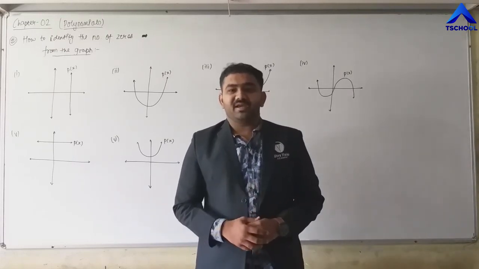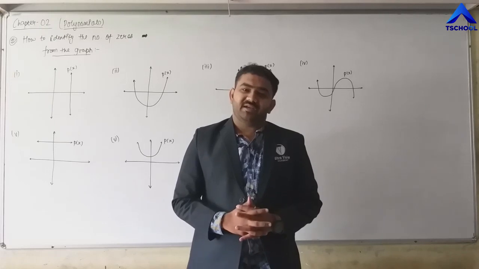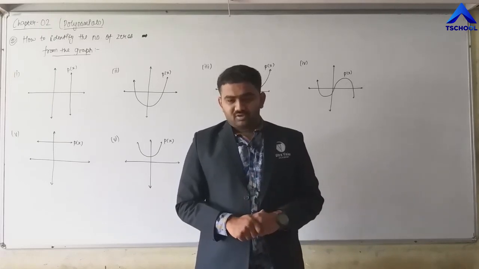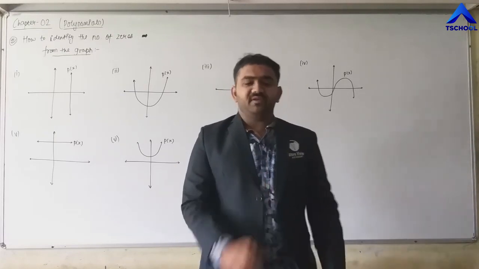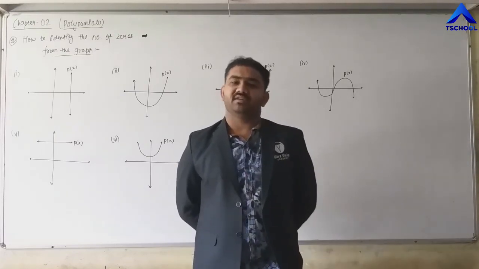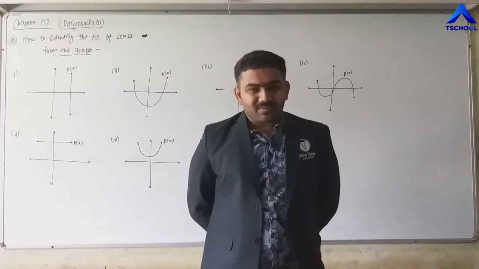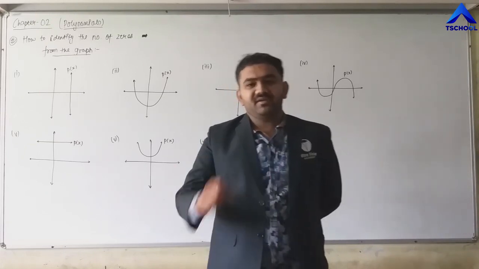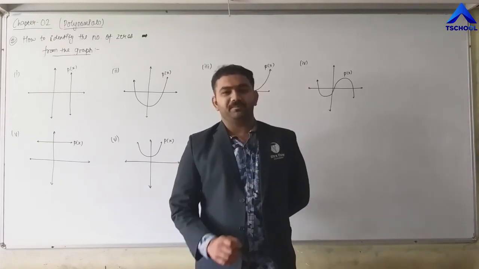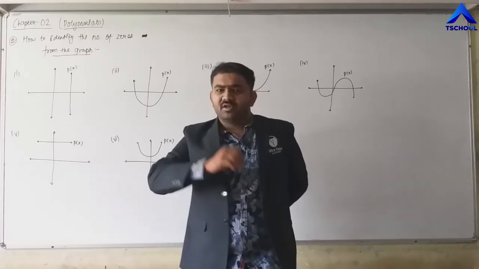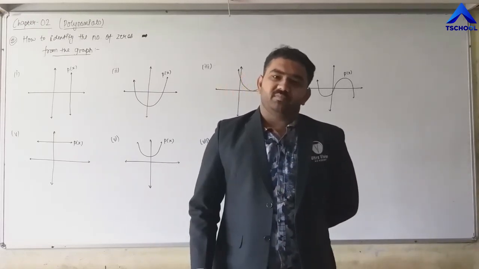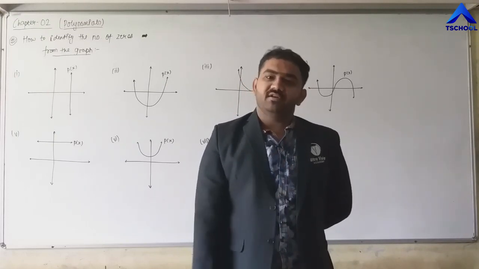Again, we discussed two subdivisions: if the value of a, the coefficient of x square, is greater than 0, then the graph will be a parabolic curve opening upwards, and if it is less than 0, then the graph will be a parabolic curve opening downwards. And lastly, we discussed the graph of a cubic polynomial, which was simply a waveform.